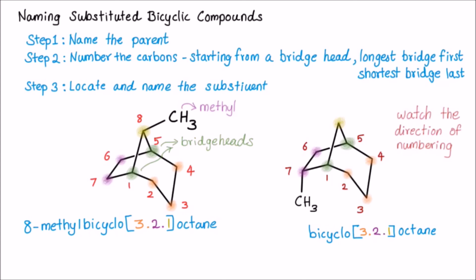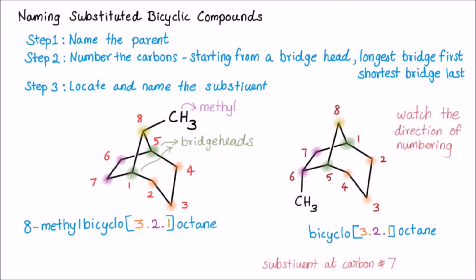But if I start from the other bridgehead, instead of going counterclockwise where I get the location 7 for the methyl group, let me start from the other bridgehead, going clockwise. 1, 2, 3, 4, 5. Through one bridgehead to another bridgehead through the longest bridge.